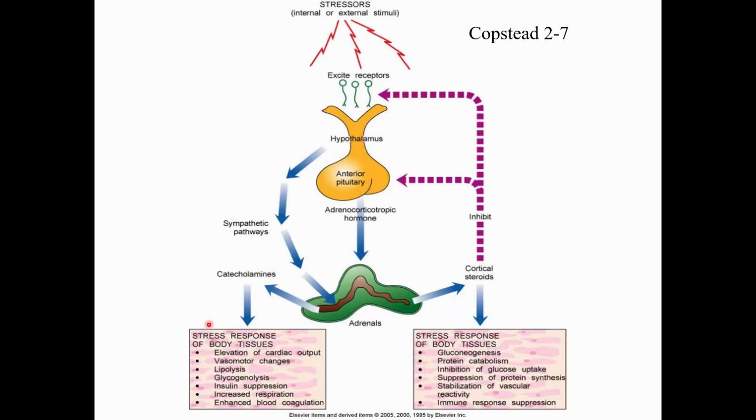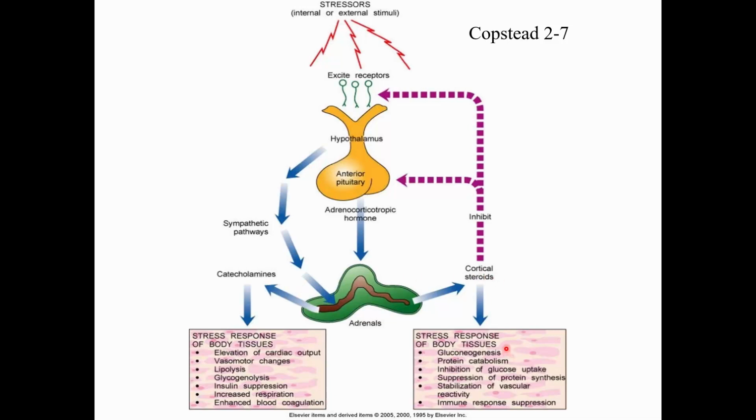Epinephrine and norepinephrine are going to elevate the cardiac output, constrict blood vessels, increase breakdown of lipids, break down our glycogen stores, suppress insulin, increase respiration, enhance blood coagulation. We are ready for that stress.